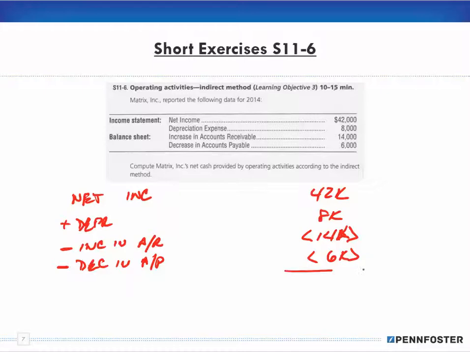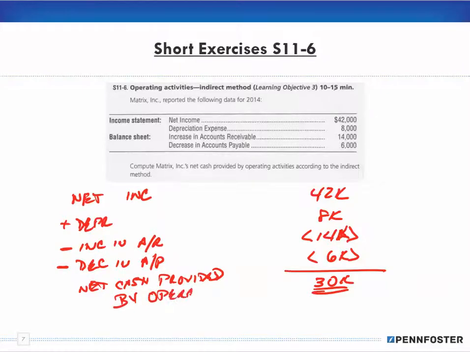And then of course, when we add all of those up, we end up with 30,000, and that is our net cash provided by operating activities.